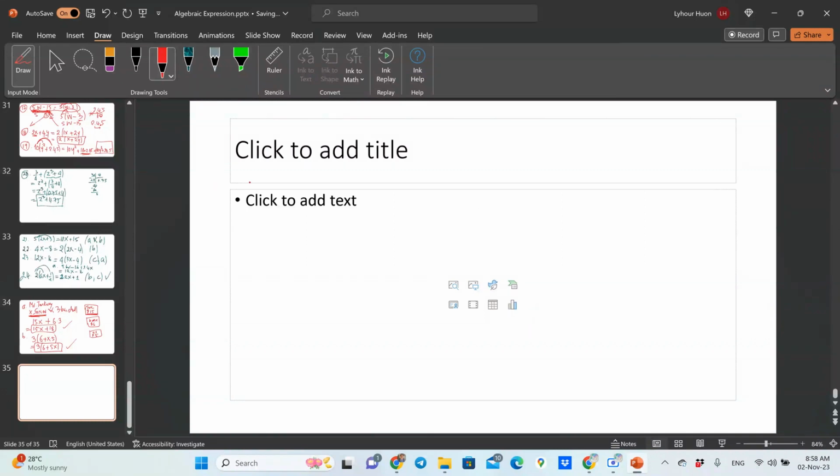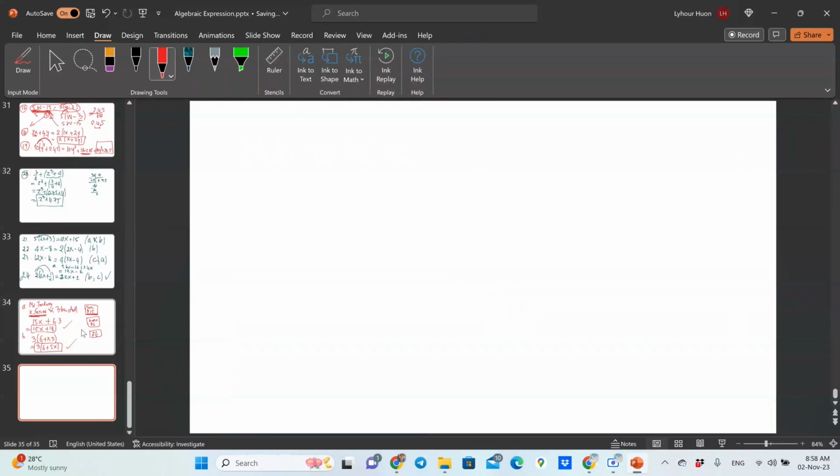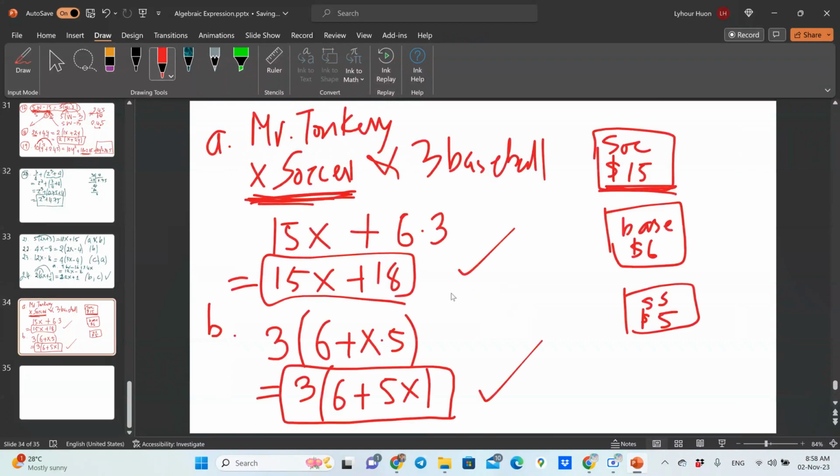So the question is, are these two equivalent? Number 26, they ask, are these two expressions the same? What do you think? Will they be the same or not?